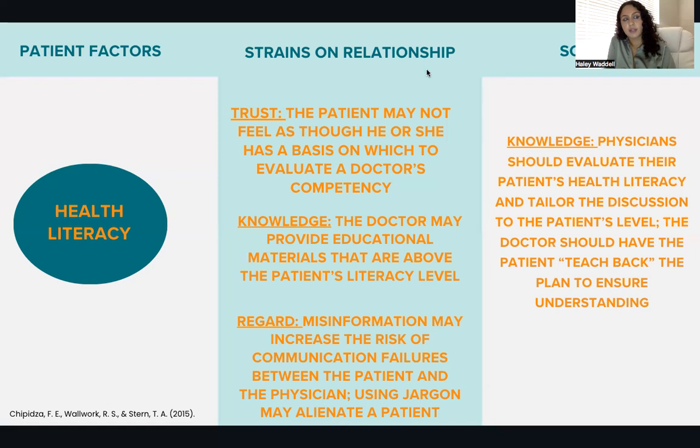What's their capability of understanding you? Do they really understand what you're talking about? Do they really understand their condition? Do they have the capacity to go home and follow instructions, take care of themselves? So that should be addressed early on with just talking to them.